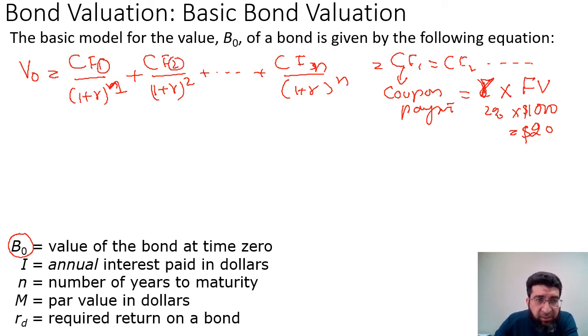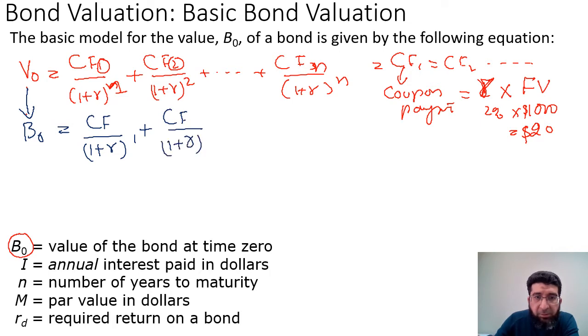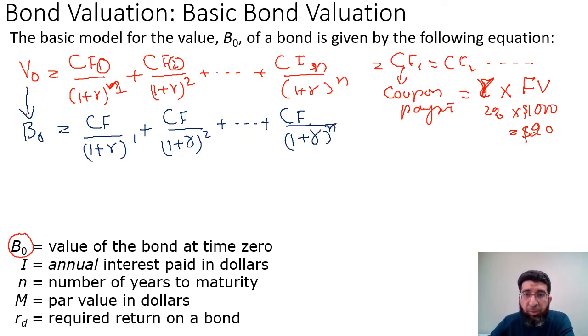Transforming this formula a little bit to show the bond formula visibly, B naught equals the cash flow CF over 1 plus R, plus CF over 1 plus R squared, plus, it's the same cash flow, up to CF over 1 plus R to the N. The cash flow is the coupon payment.